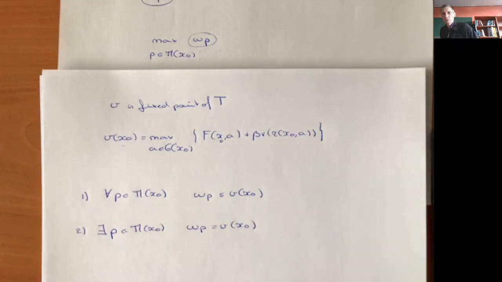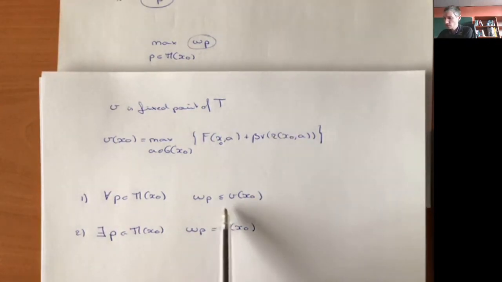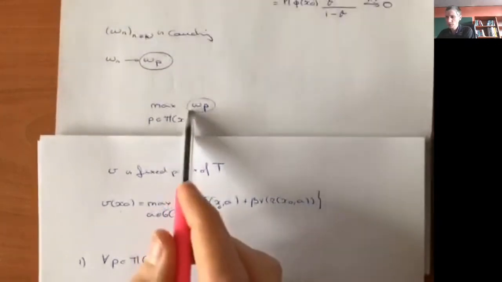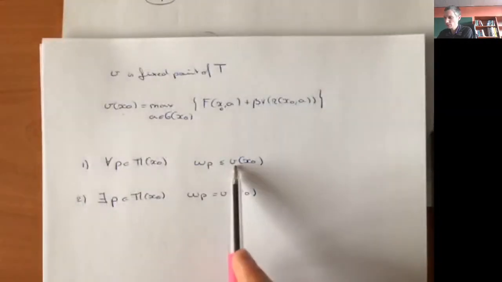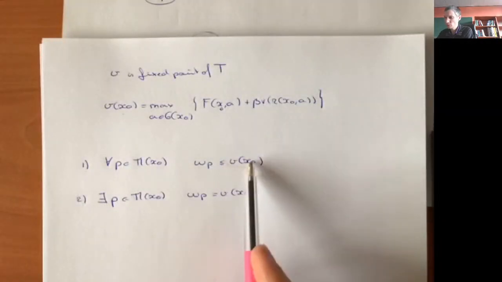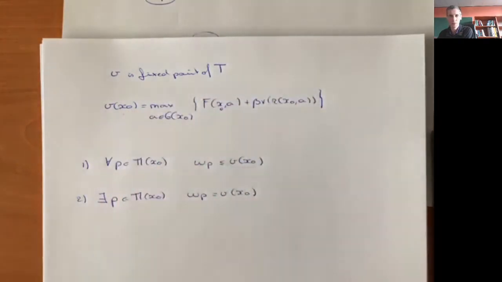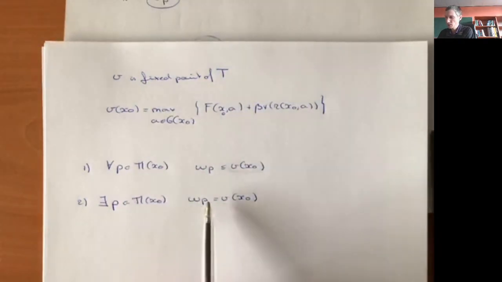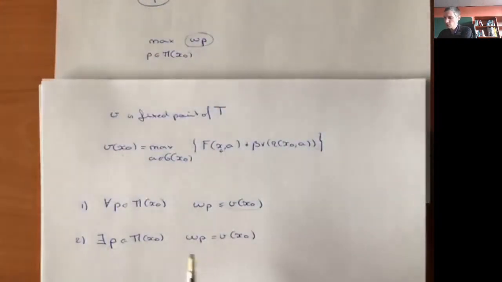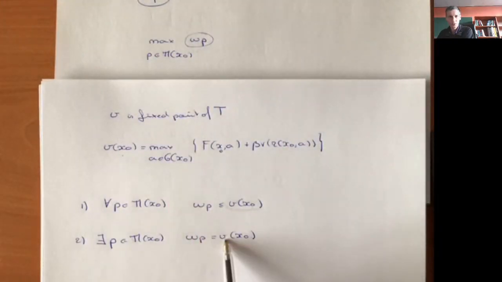So this is going to do two things. First of all, it's going to show that this maximization problem, if it exists, is lower or equal to this value here that we can obtain by solving the Bellman equation. And the second one, by showing that there's a path, shows that the value is actually attained.